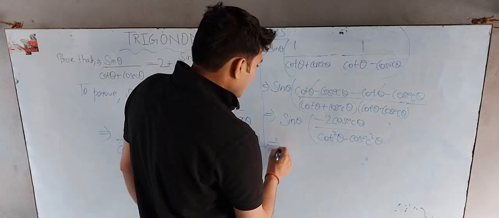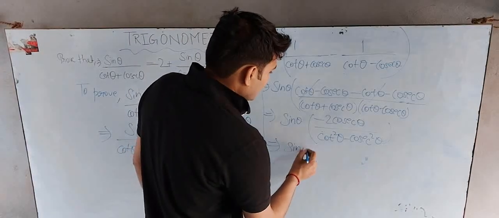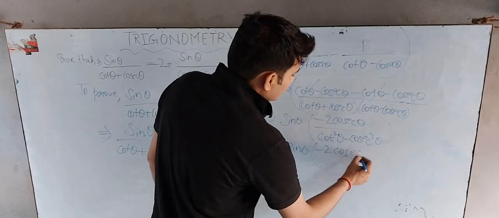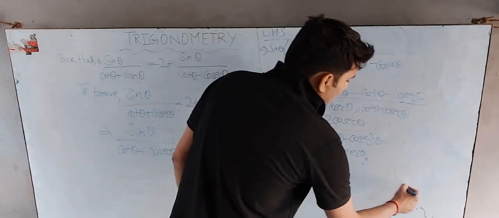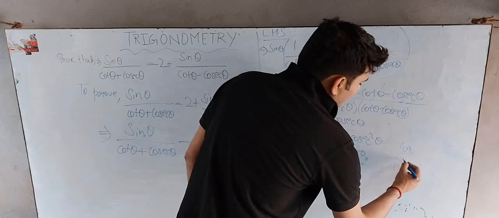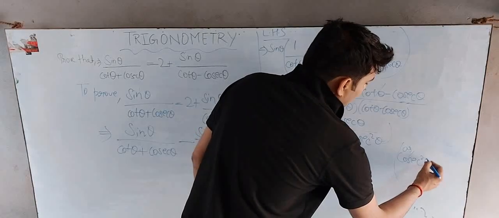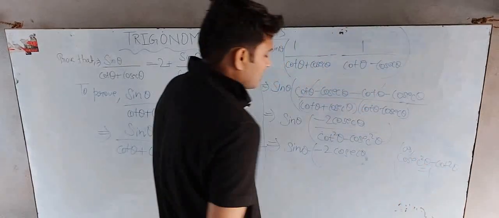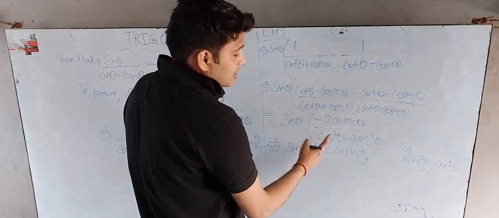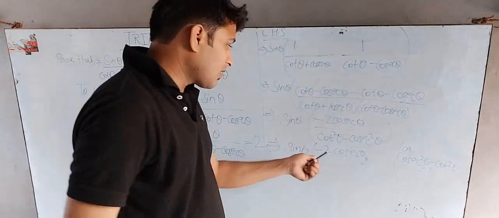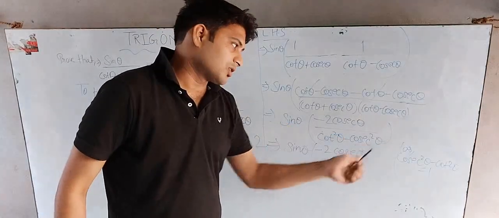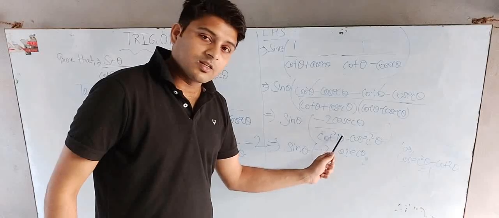Now as we know, cosec square theta minus cot square theta is equal to 1. So here we can write minus 1, because here we have cot square theta minus cosec square theta, not cosec square theta minus cot square theta, because the minus sign is common.